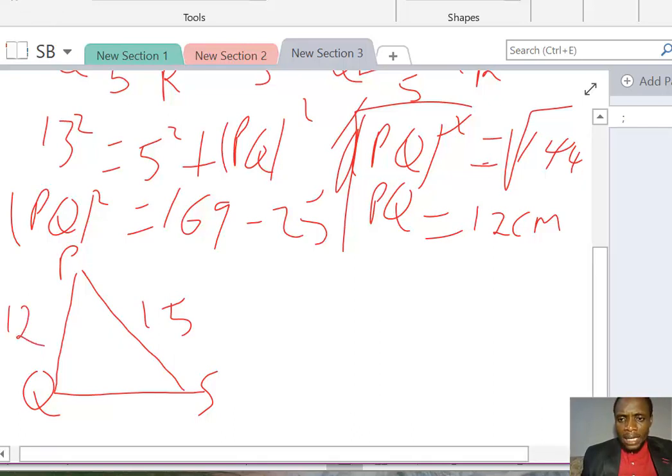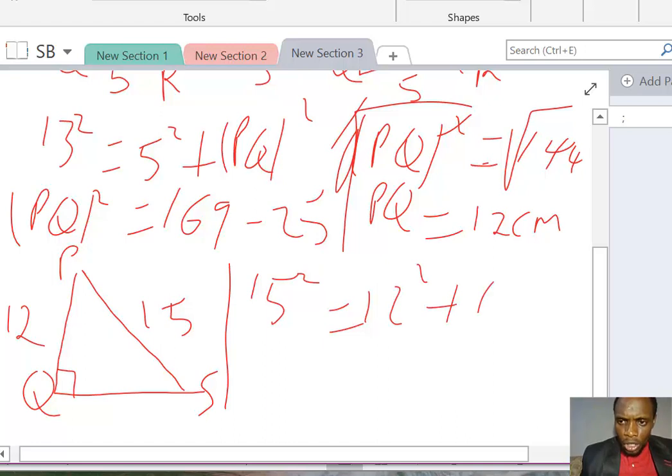So we can find QS by Pythagoras theorem also. PS, which is the longest side, that is 15 squared, we'll have 15 squared equals 12 squared plus QS squared. So 15 squared is what?